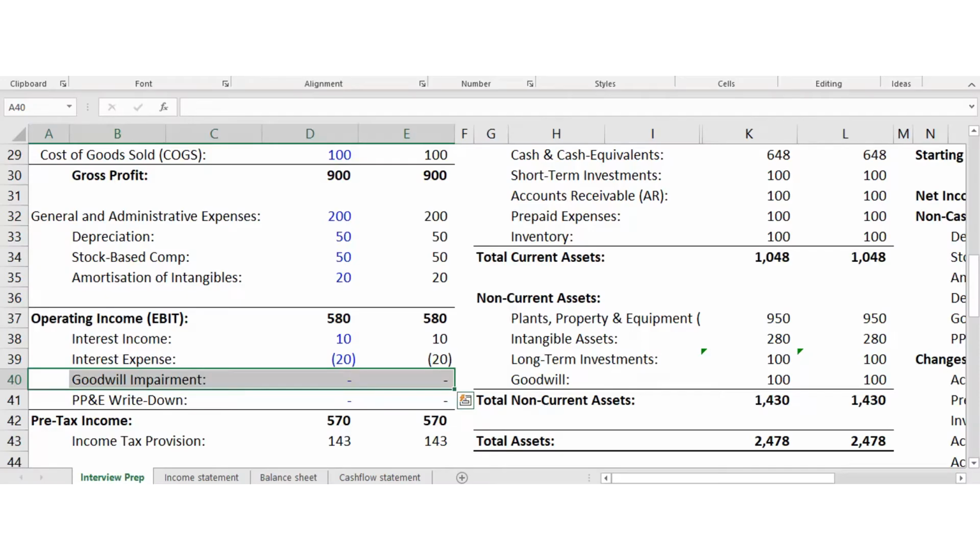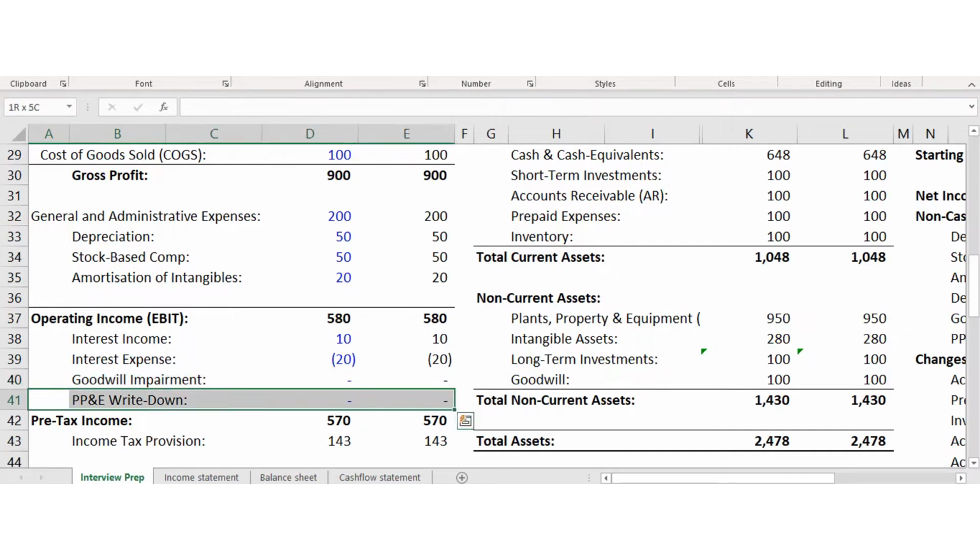And this is pretty much how investment bankers record this. And sometimes that goodwill will lose value over time, or you might have miscalculated it, or the company might have taken reputational damage, or something might have happened with this company which has caused it to lose value, and you record that under a goodwill impairment.